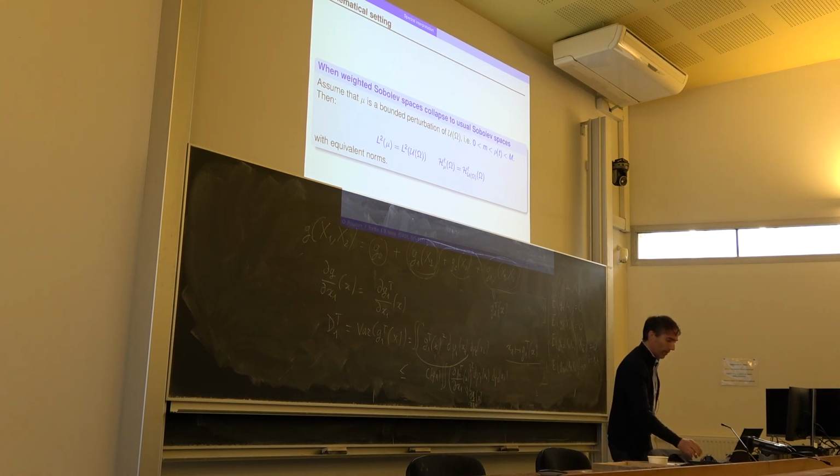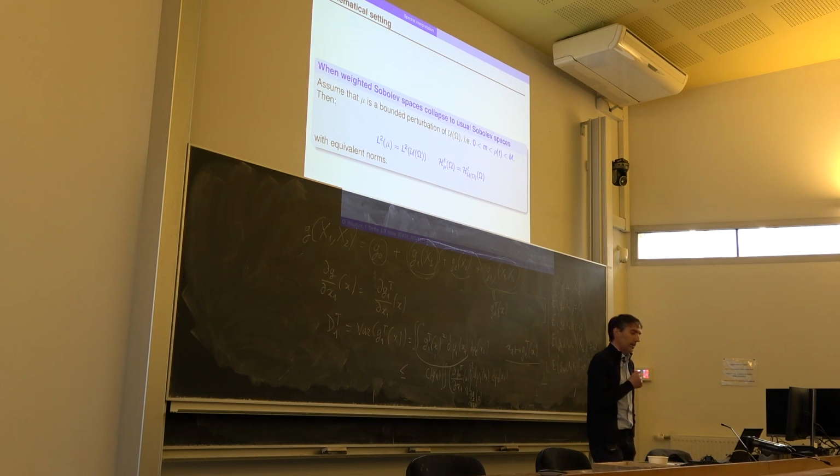Okay, and what you can check is that for our assumption, actually mu is what we call a bounded perturbation of the uniform measure. So your probability density will be bounded below and above by some constant.